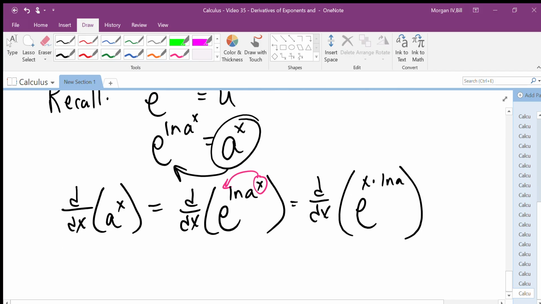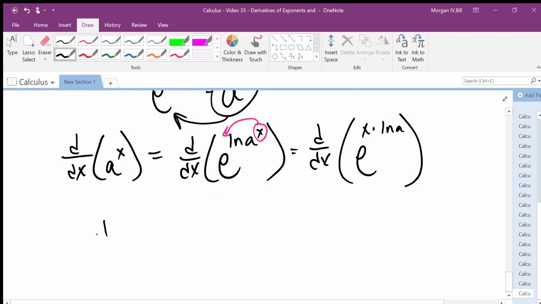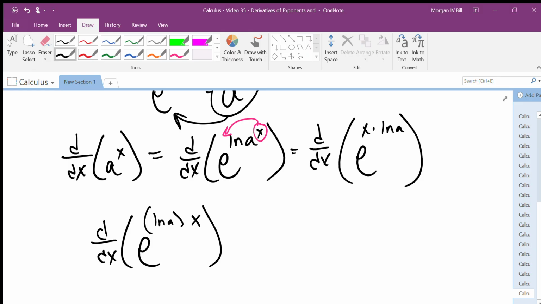Or maybe we'll see this a little easier if I switch the order here: the derivative of e to the natural log of a times x. And it's important to note that the natural log of a is just a number, right? a is a number. The natural log of the number is also just a number. So the natural log of a here is a number times x. It's a coefficient of x.